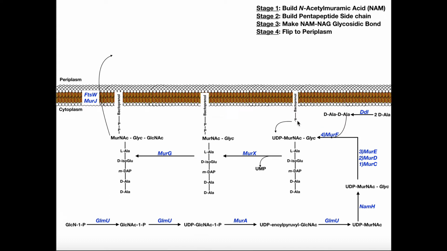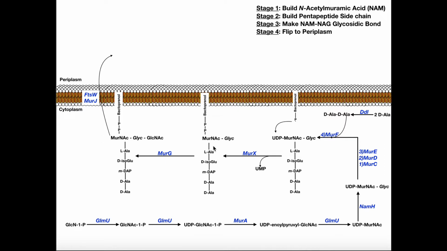So basically what this phosphate does is it attacks this phosphodiester bond that's present in the UDP moiety. And so it knocks off UMP, and it effectively links the bactoprenyl to this thing we just created. This is catalyzed by MraY. So what we see now is we have a bactoprenyl in the membrane, 2 phosphates right here. This is a new phosphodiester linkage, and it's now linked to this whole thing right here. Okay, so hopefully that makes sense.